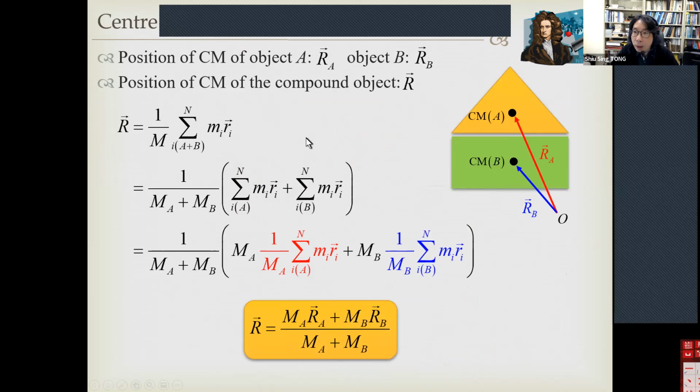Now I better stop and have a break here, because the calculation that we have just introduced is rather complicated. So let's have a break for 10 minutes. And after that, let's come back to this more complicated problem of the composite center of mass of two bodies.